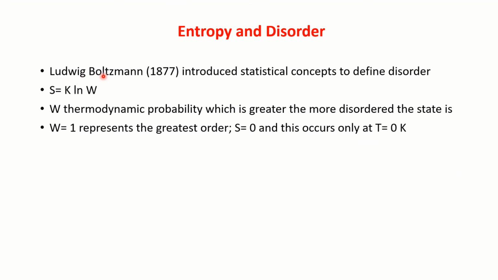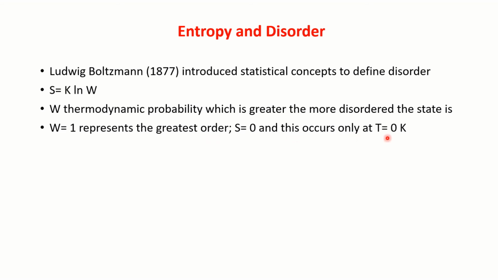So, Boltzmann introduced the statistical concept to define disorder. Entropy S is equal to k log W. This W is called thermodynamic probability, which is greater the more disorder the state is. So if I put W equal to 1, log 1 is 0, then S is equal to 0, which represents the greatest order.